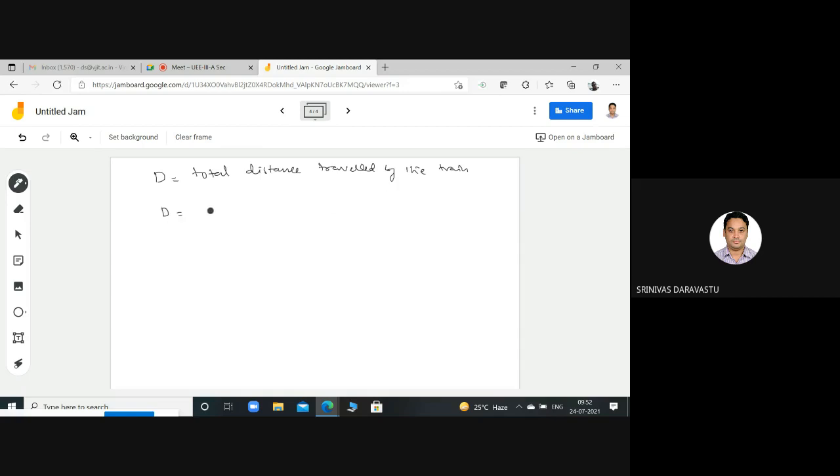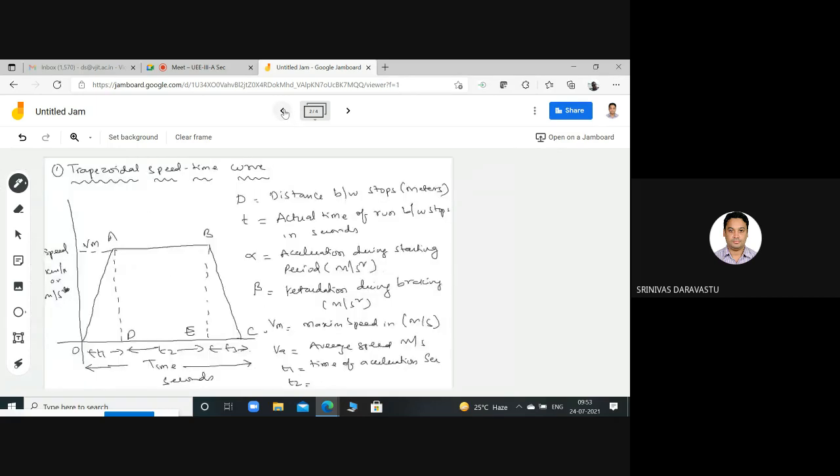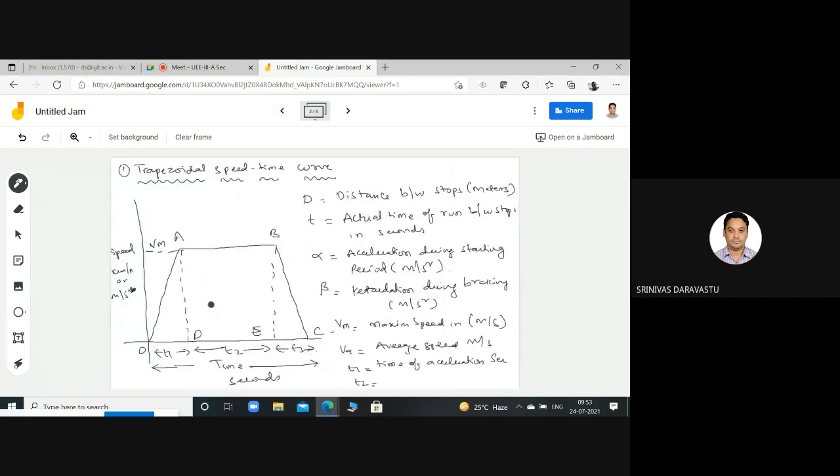The total area is equal to the total distance traveled by the train, that is, the area of the trapezoidal speed time curve. Now how to find out the area of the trapezoidal curve? This total area represents the total distance traveled by the train. From this total distance we can find out the Vm value.